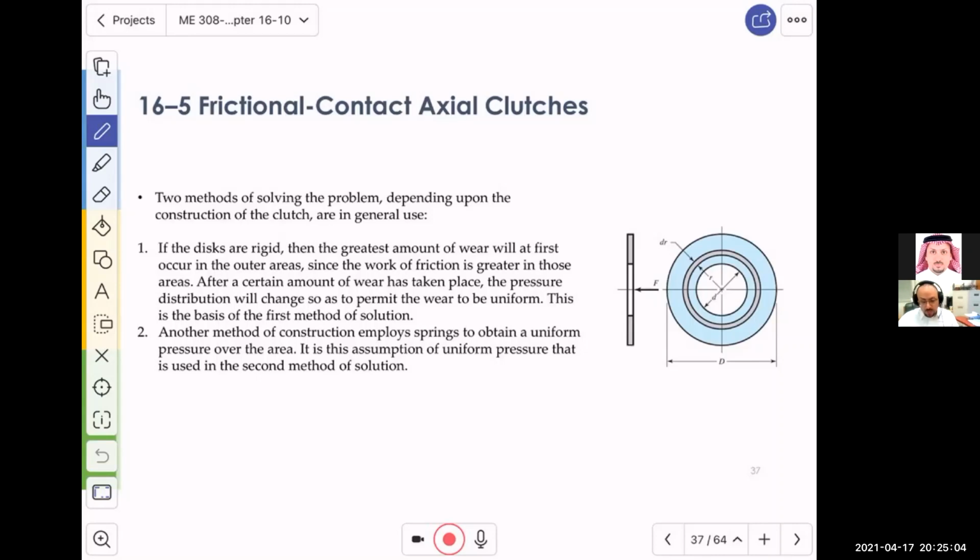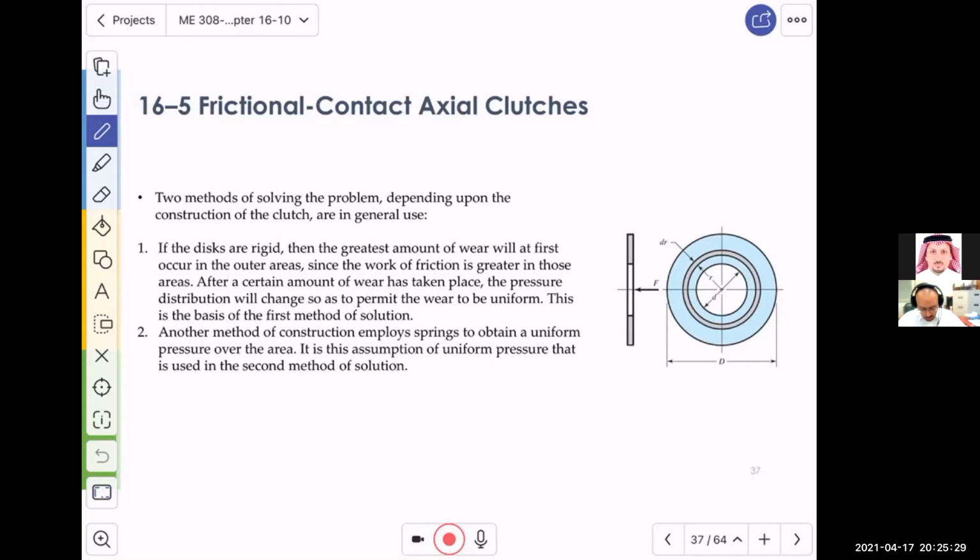Before we start, I want you to focus with me on a very, very important concept. This slide, you need to read very carefully. It will make the remaining part of section 16.5 and section 16.7 very easy. So please focus with me.